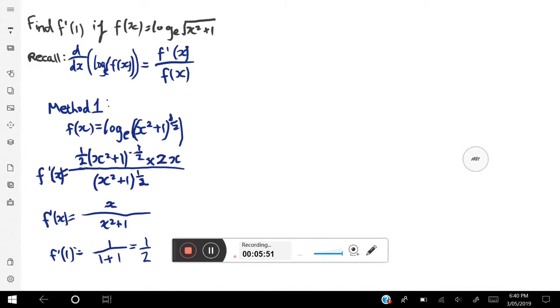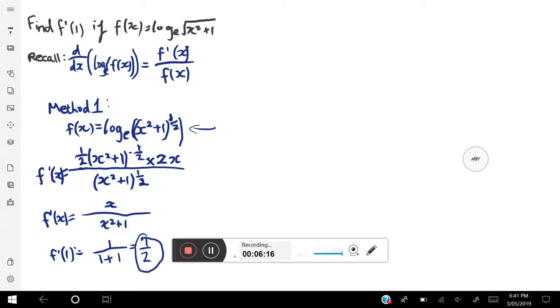So alternatively, we could actually make this easier if we go from the very start here. A half is the answer, except there's other ways we can do this.